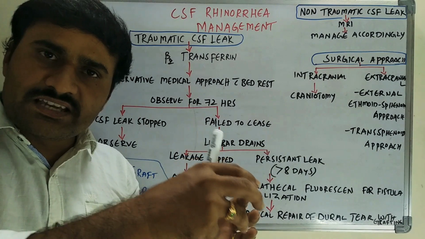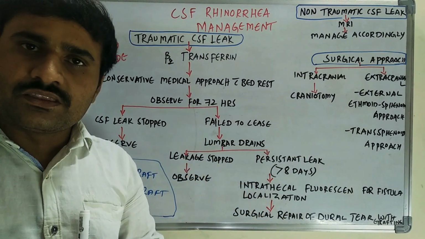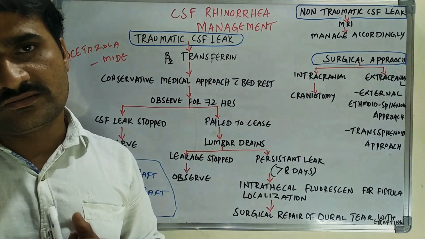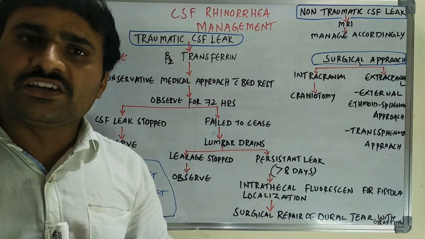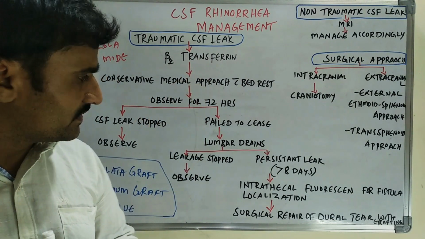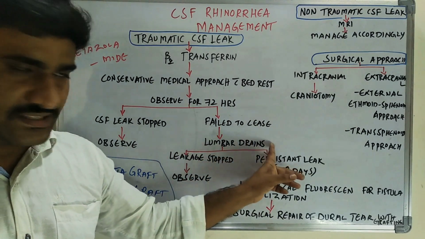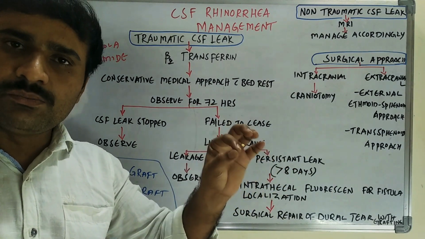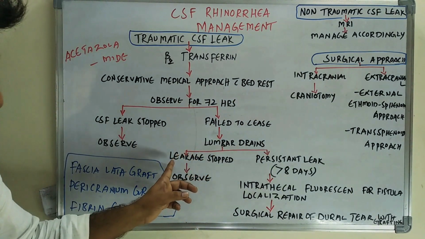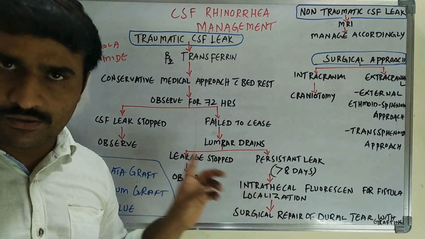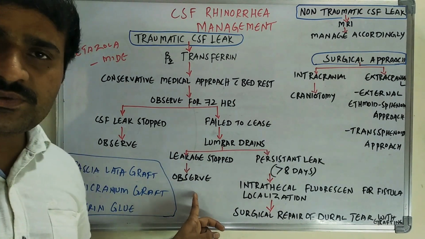So once the CSF is drained, then the CSF pressure will decrease, thereby improving chances of CSF leakage stop, right? So after lumbar drains, this should be placed minimum of 4 to 5 days. So if there is leakage stop, then we should observe the patient.